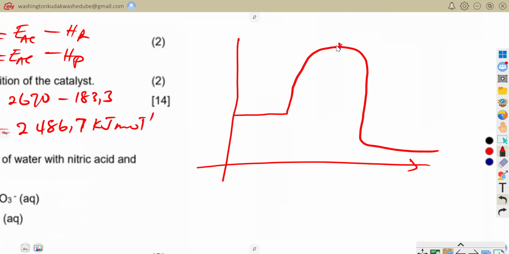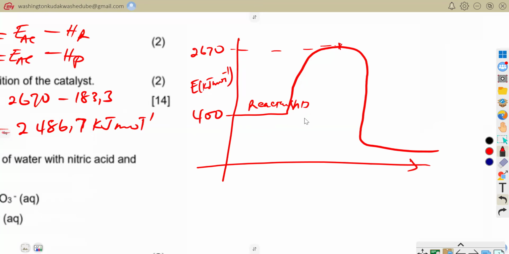So what we want to lower is this one, because we know that our peak is where we have got our activated complex, and then from our reactants here. So these being our reactants, and these ones being our activated complex. We said this one was 2770, this one was 400, and this was our energy there in kilojoules per mole.